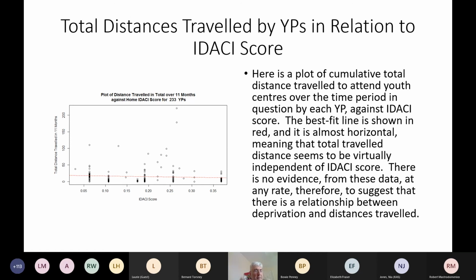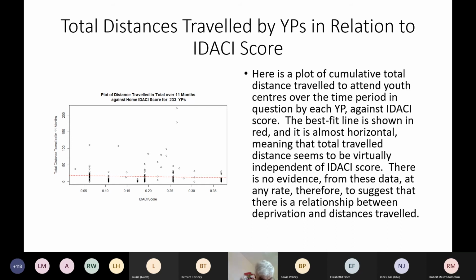So a few young people went to 2 youth centres. What I did was calculate the total distance travelled by any given young person, i.e. throughout the course of the year, they go to a youth centre, they come back, they go to a youth centre, they come back. How far do they travel? Again, to see whether that had any relationship, the ease of travel or the frequency of travel.